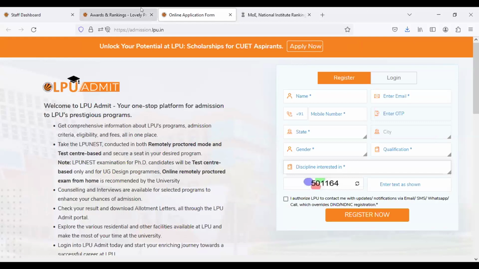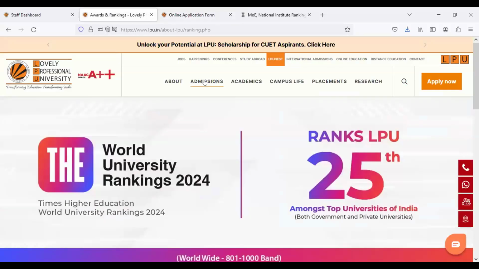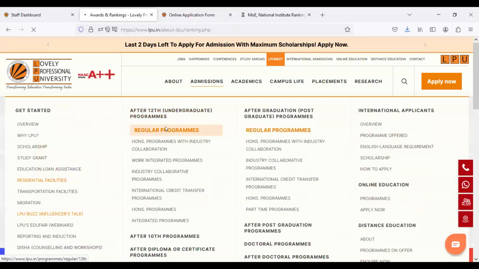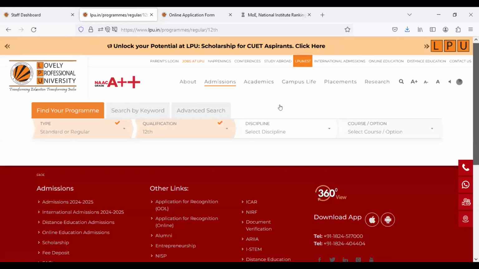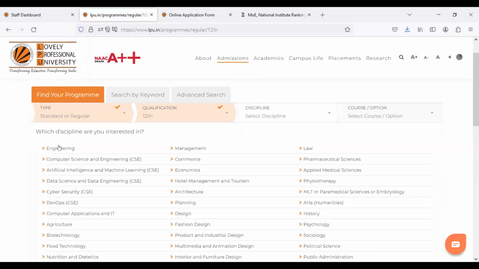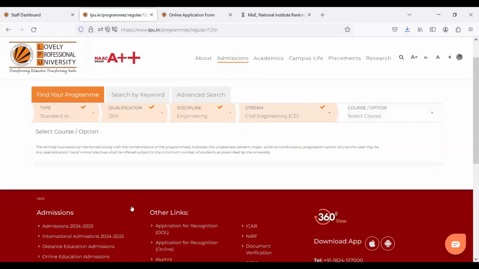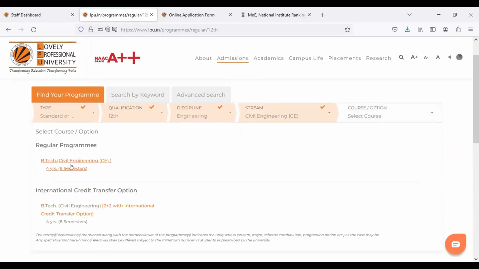Let me show you how you get to know. If you go to the admissions, then you go to the regular programs. And then you can select, suppose I'm going to check out engineering, and then I go for civil engineering, and then the BTech civil engineering.